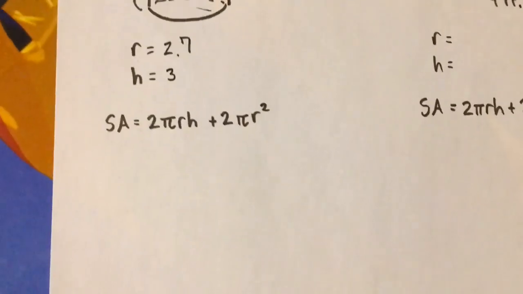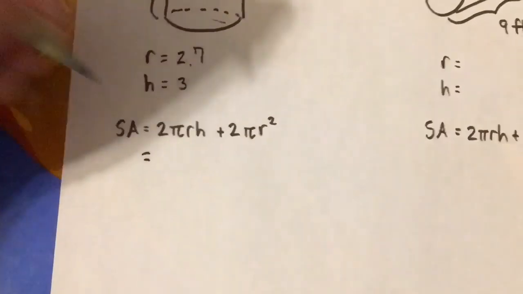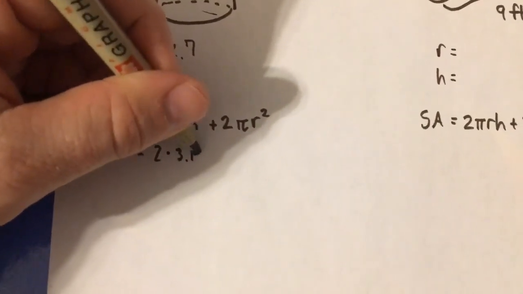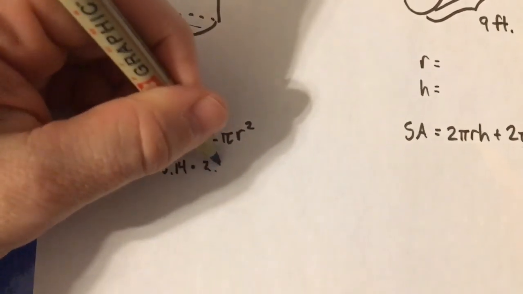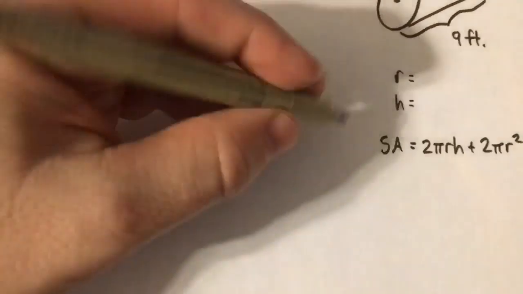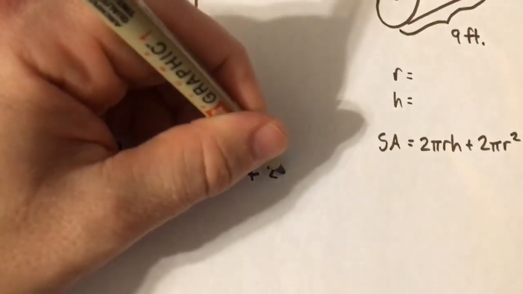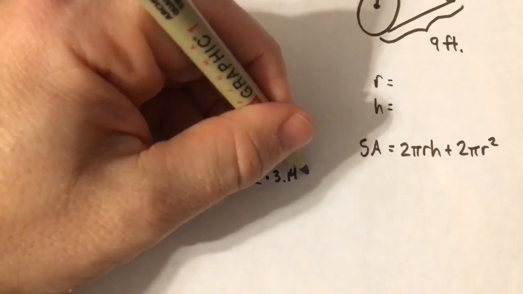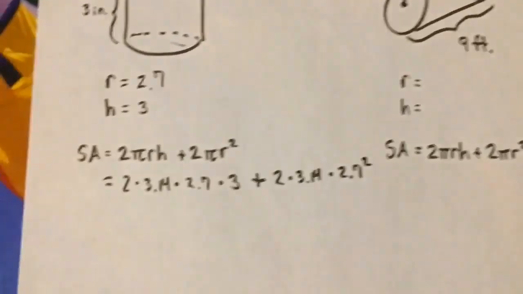So we're going to use this information now to plug in to our formula. So we have 2 times 3.14 times r, which is 2.7, times 3, then plus 2 times 3.14 times 2.7 to the second power.